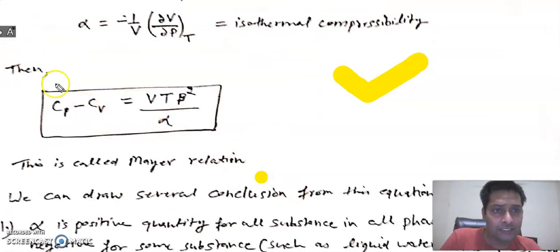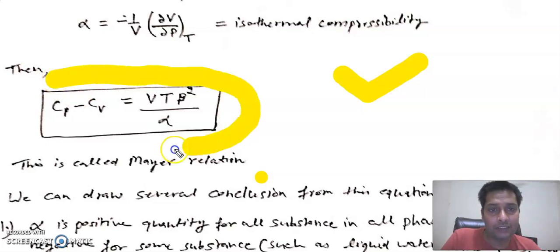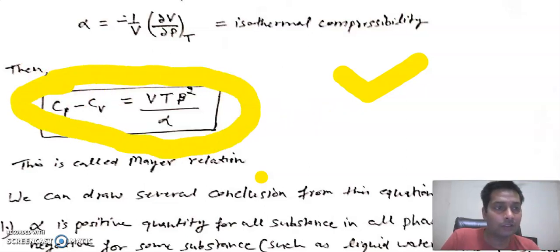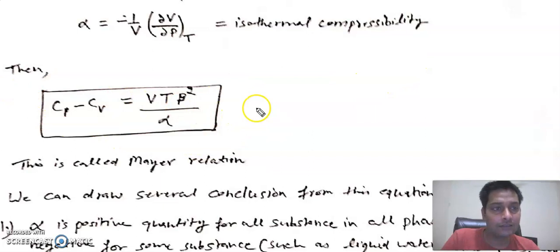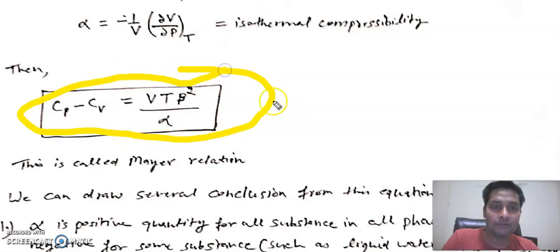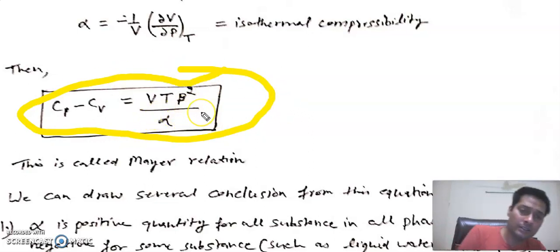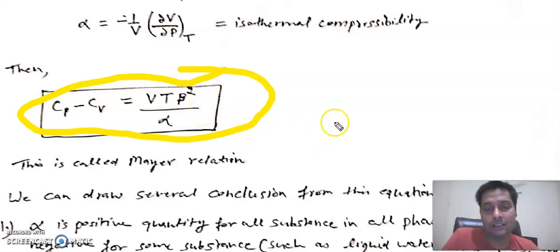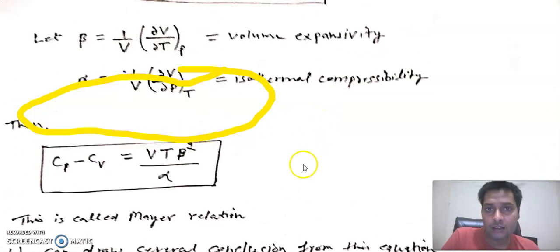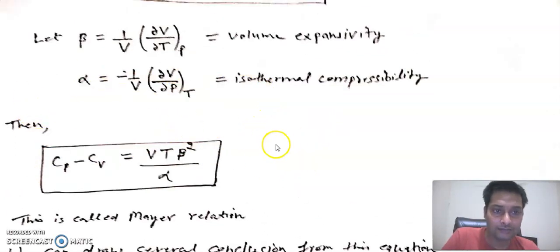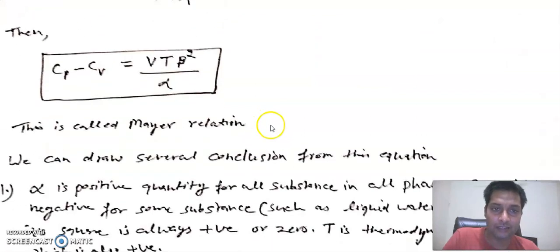Now this equation is called the Bayer equation, which includes both the isothermal compressibility and the volume expansivity. This is called the Bayer equation.